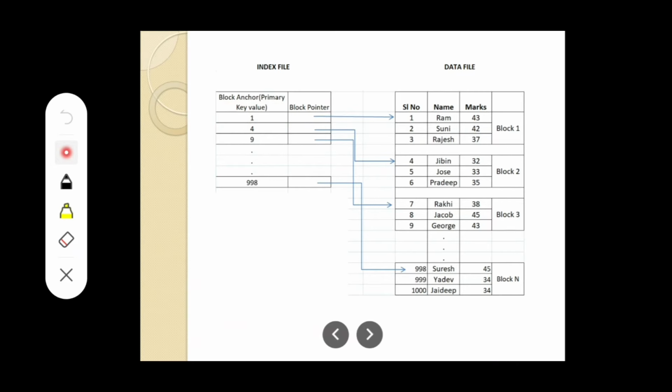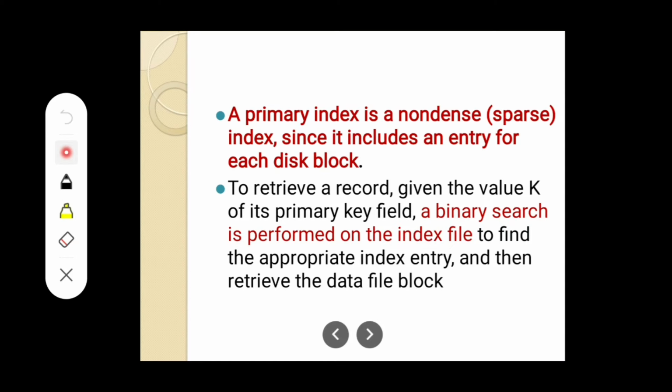The total number of entries in the index file will be equal to the number of blocks in the data file. Clear? So this data file is also stored in some blocks. These are the points in primary index.